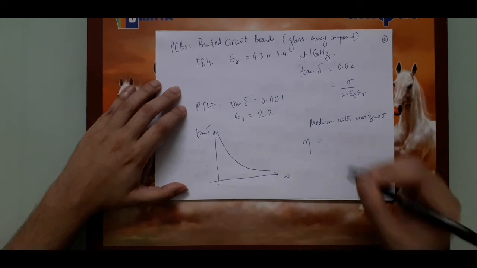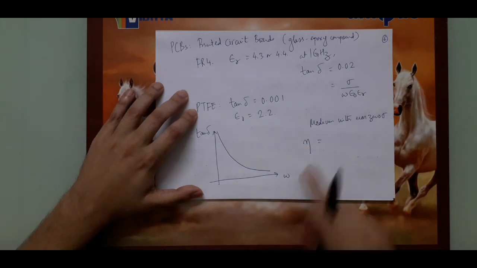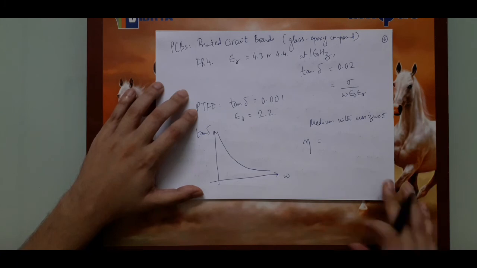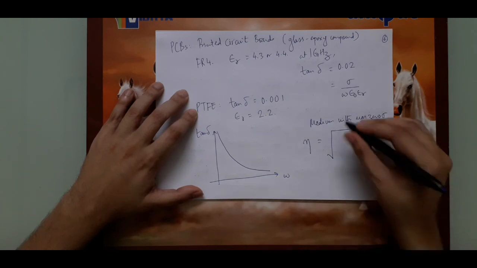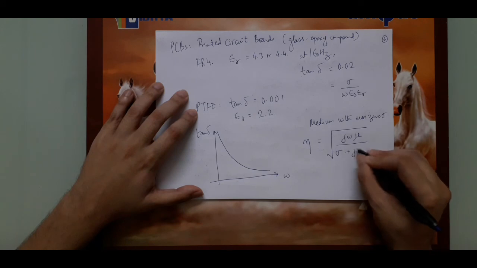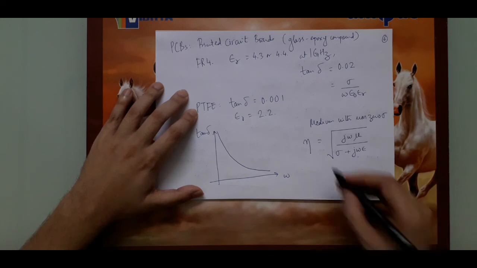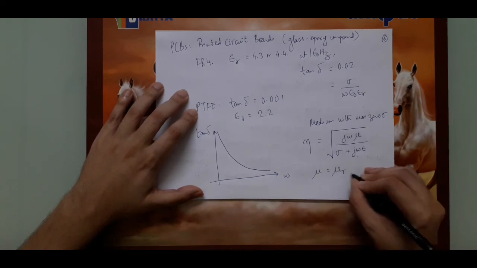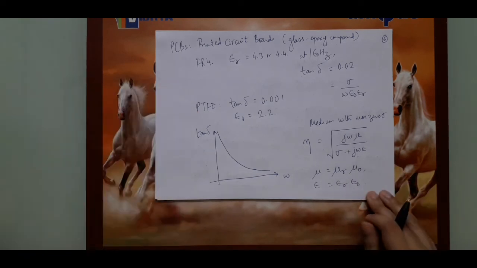You can very easily prove that in such a case, this eta will be a complex number, just like how a lossy transmission line has a complex Z0. You can prove that this is nothing but j omega mu divided by sigma plus j omega epsilon. I encourage you to try this out as a proof. It is a very simple proof. Here obviously mu is mu r times mu 0 and epsilon is epsilon r times epsilon 0.